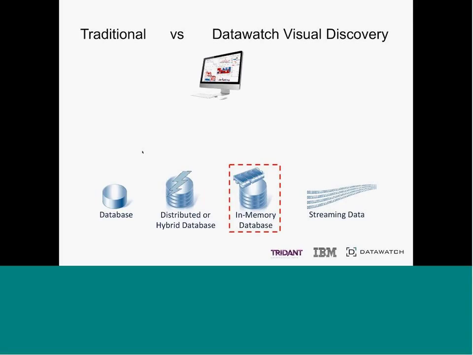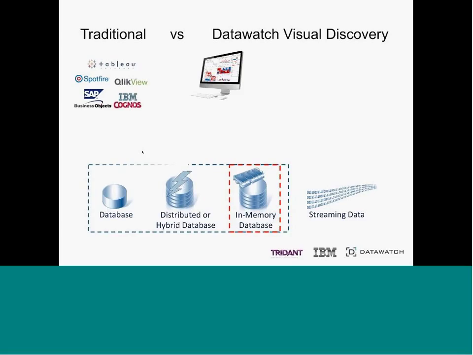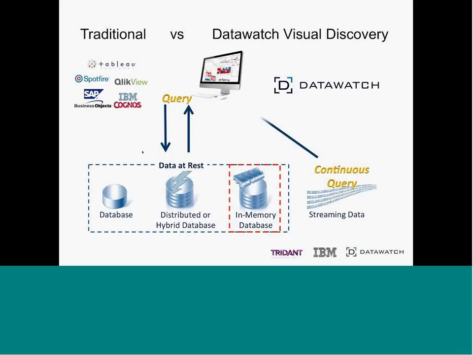Let's walk through the animations here. Okay, thanks. In Datawatch's view, traditional BI is Cognos, MicroStrategy, things like that, and then the new wave of visual data discovery started with Qlik, Spotfire, Tableau, and Datawatch.